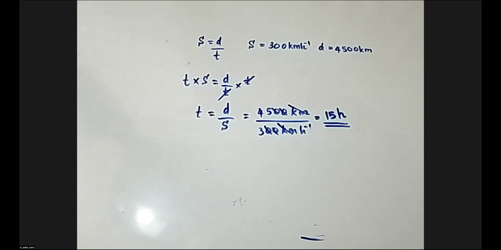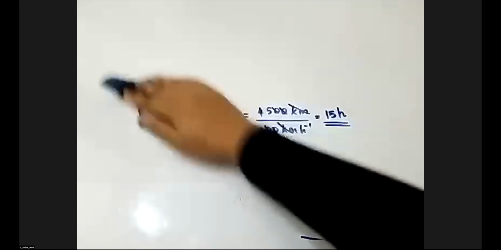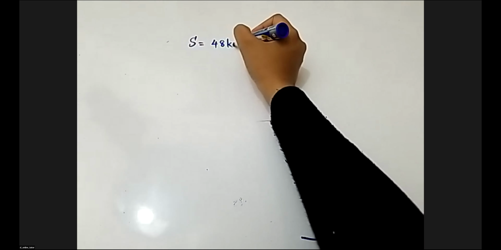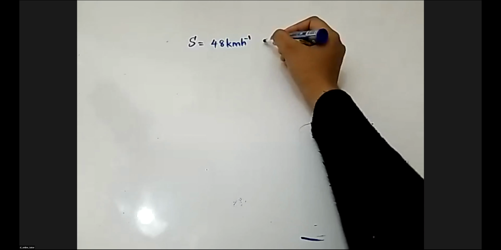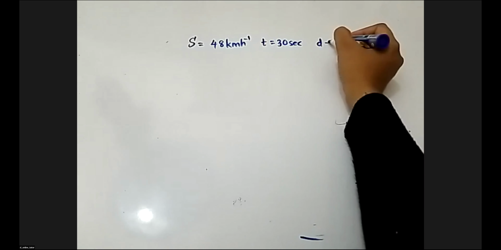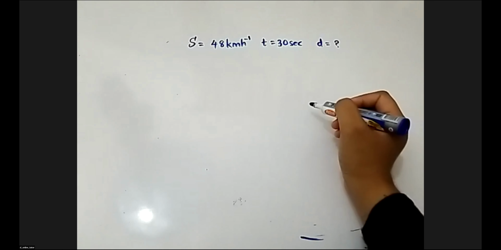No, Rifana, it's again wrong. Look at the question. Find the distance in meters that a car which travels at a uniform speed. Look at the board. Speed is 48 kilometers per hour. Time is 30 seconds. Distance unknown. Okay.